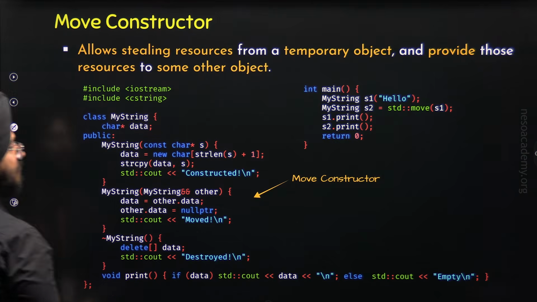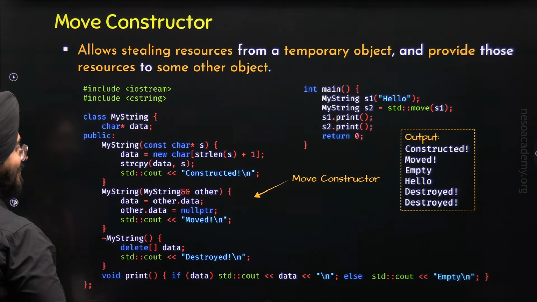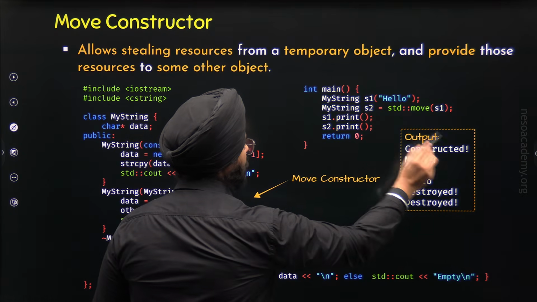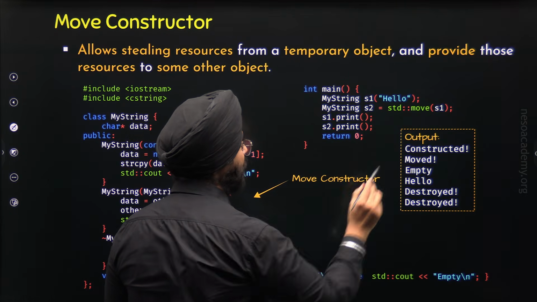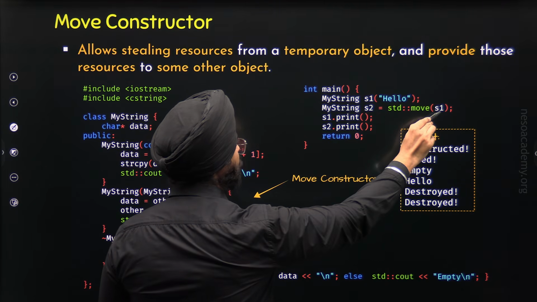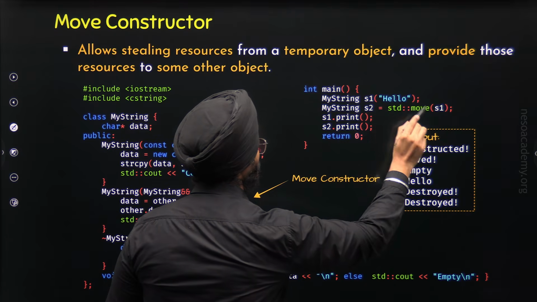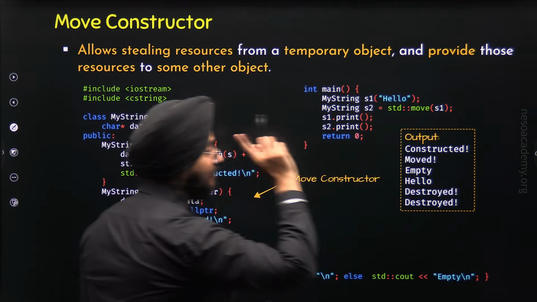Now we know what happens when we execute this program. We will get this output. First, we are getting constructed because of this line. Then we are getting moved. This means resources of S1 have been moved to S2, and now S1.data is a null pointer.